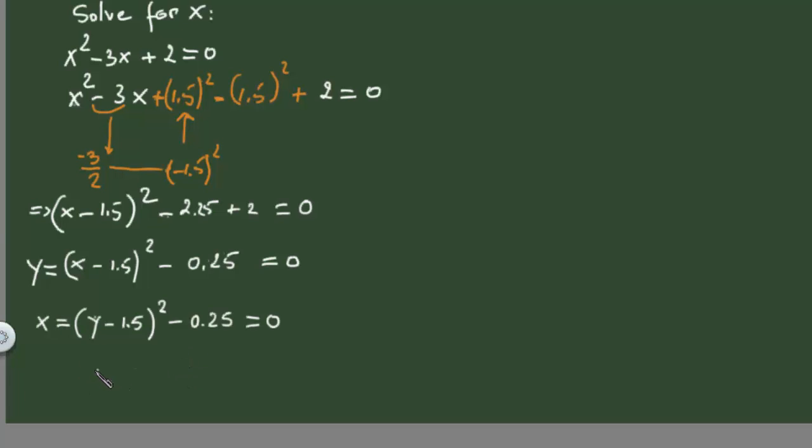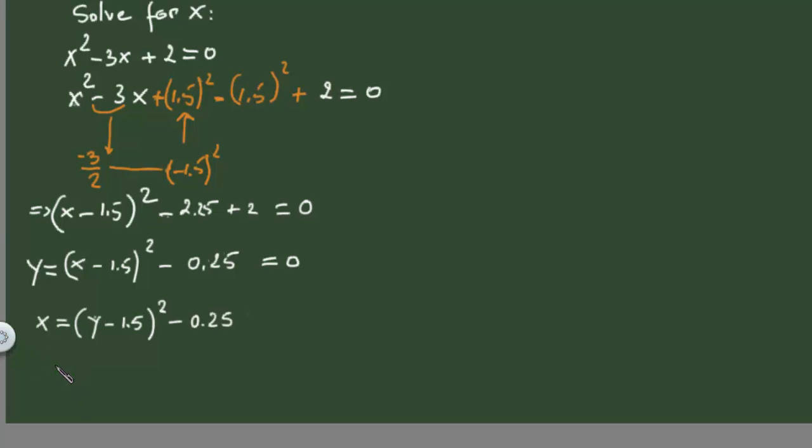So now we're solving for y in terms of x. I have the equality here, so I don't need equals 0 anymore. We're going to take minus 0.25 to the other side of the equality, adding it to x.